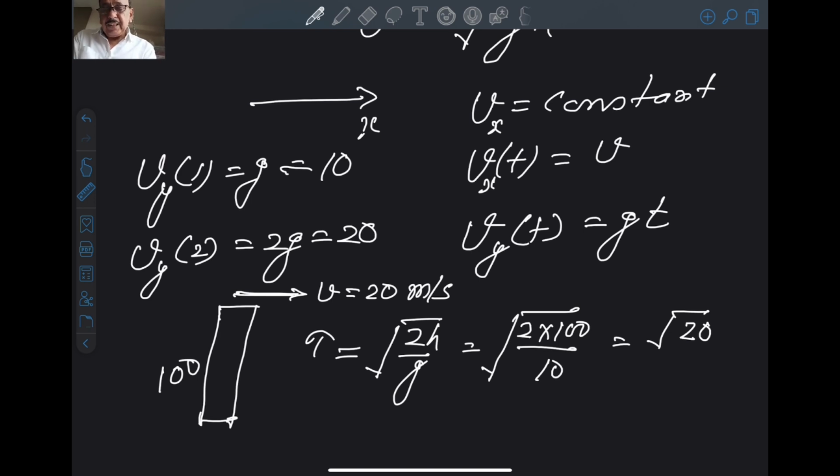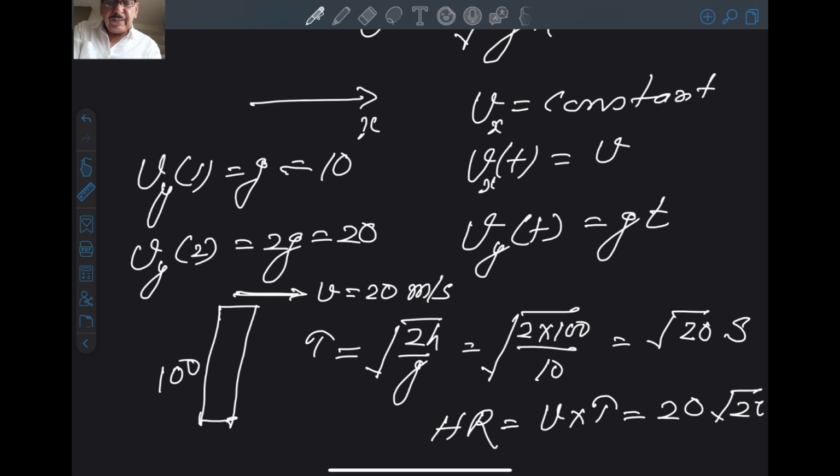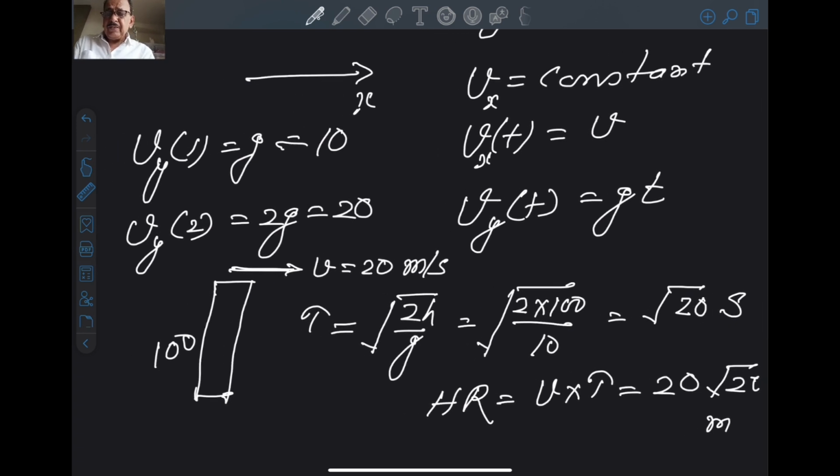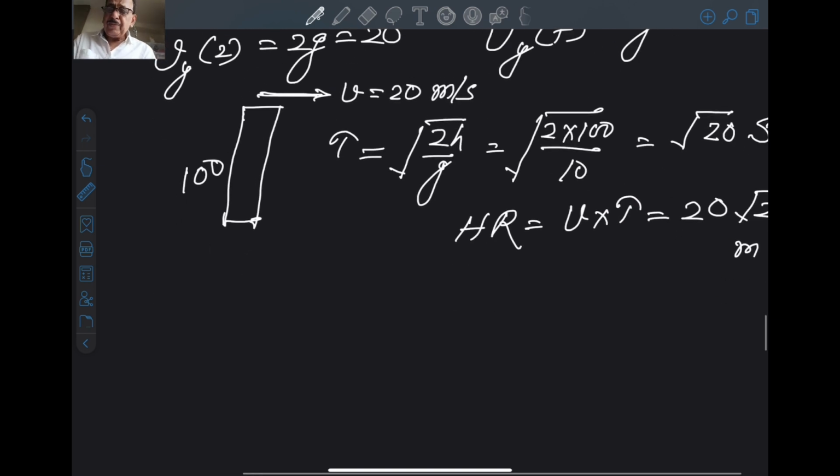Second thing, range. We know that horizontal range is velocity into time. Velocity is 20 and time is root 20. One more thing, you should write proper units. This is in second and this is in meter. These are the two things. Now, one question: when the particle strikes the ground, what is the direction of velocity?